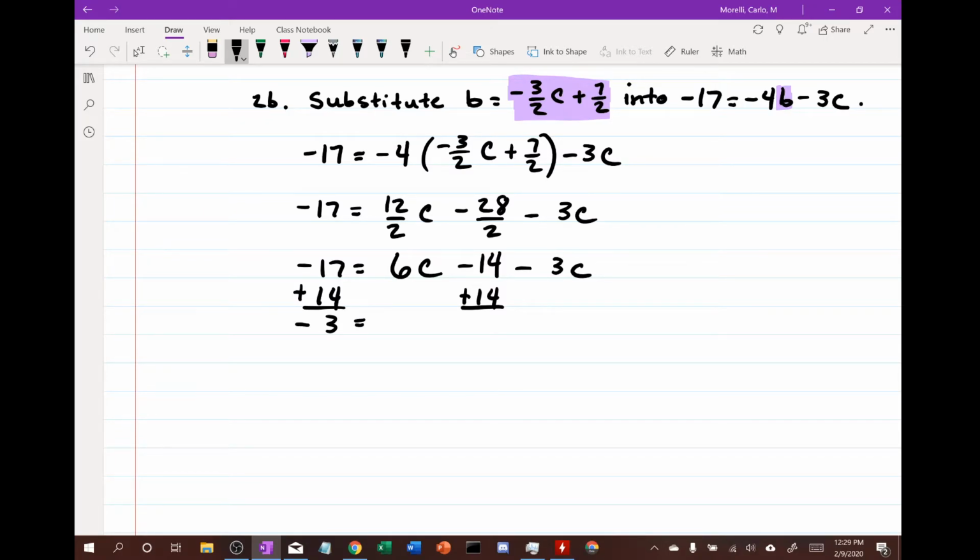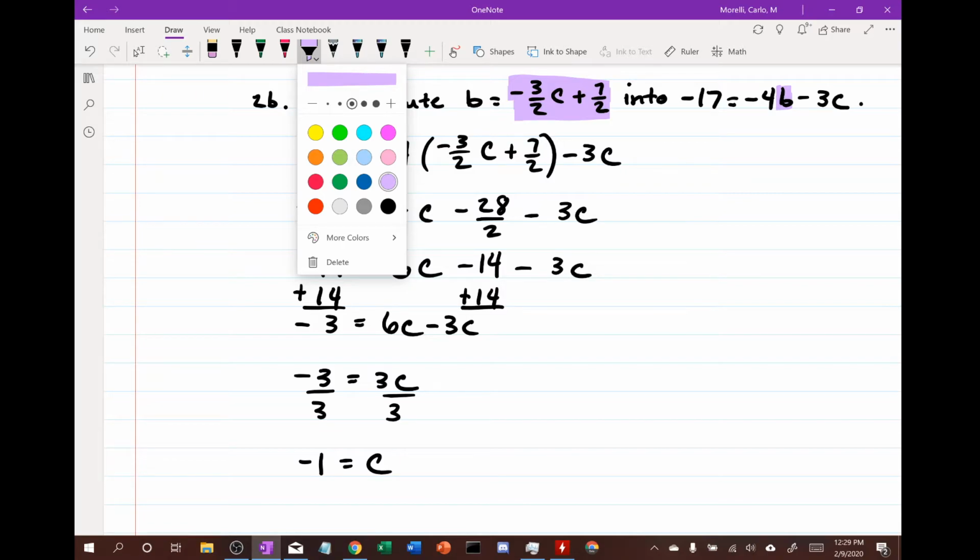And that equals 6c minus 3c. So -3 equals 3c. Dividing each term by 3, I get -1 equals c.